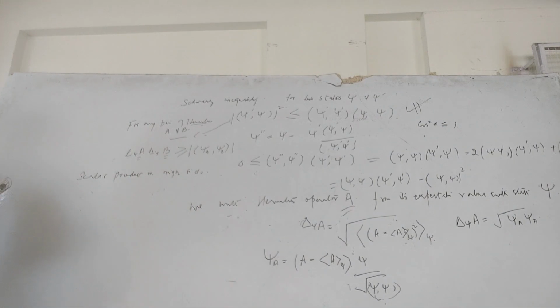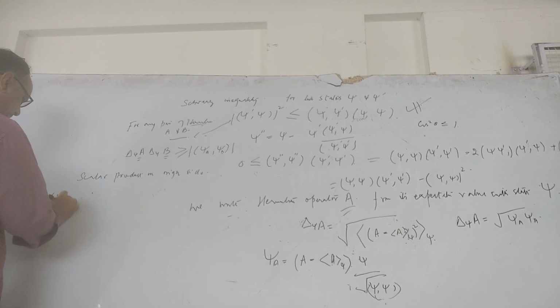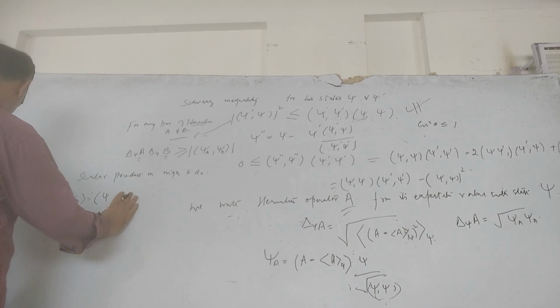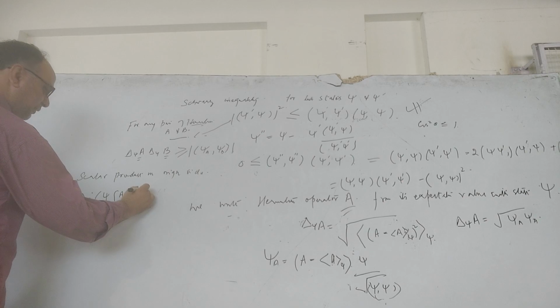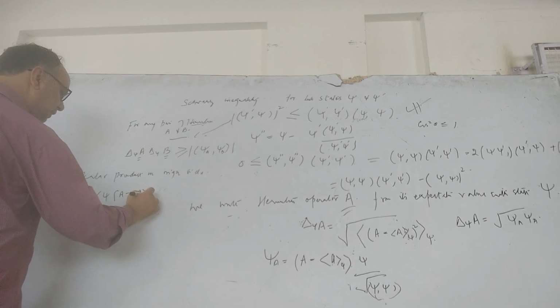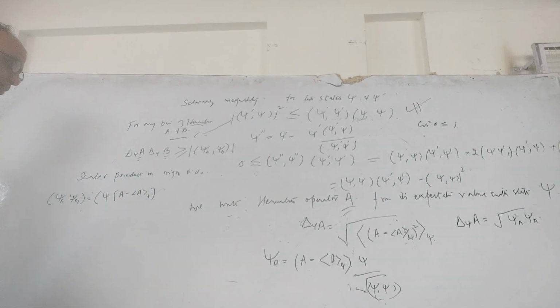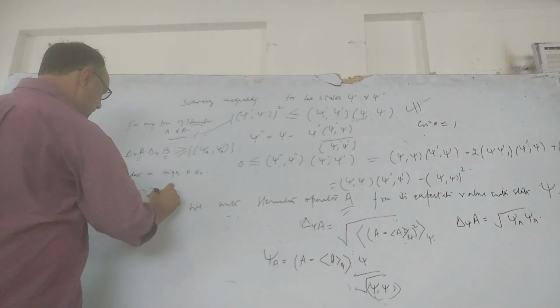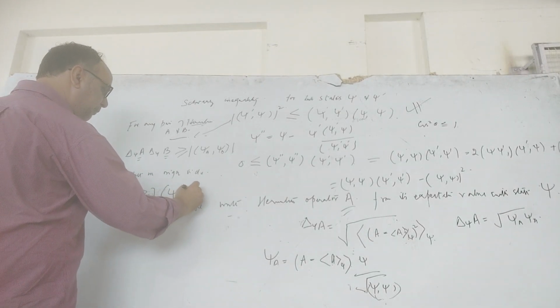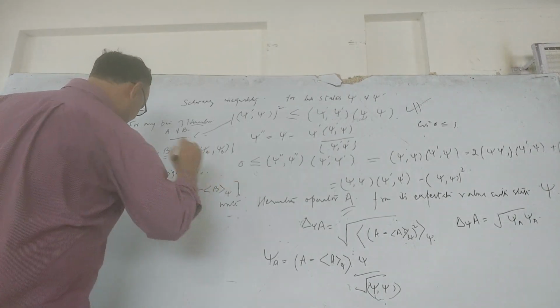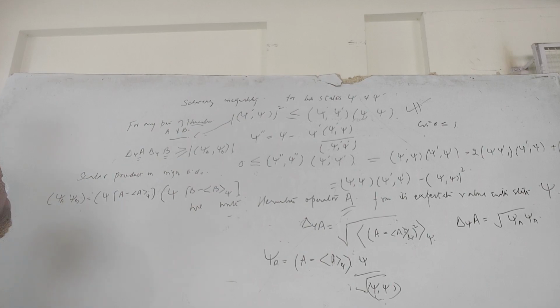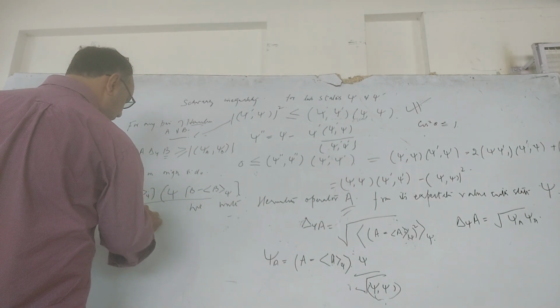So the scalar product on the right hand side, psi A psi B, can be written as psi of A minus the expectation value of A, and for B it will be B minus the expectation value of B, into psi. Sorry, and the denominator is psi.